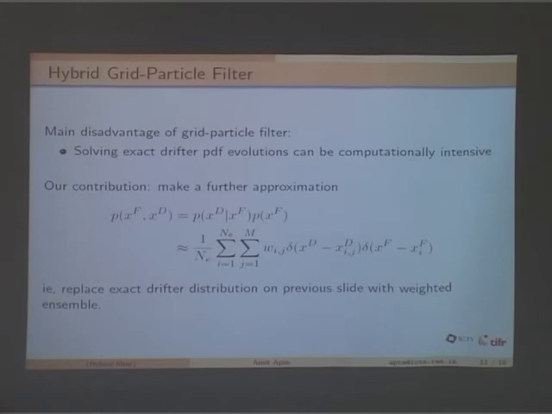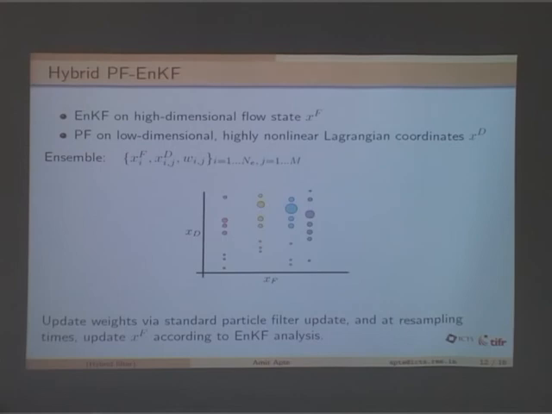What we have done is this: if you don't really want to solve a 2D or 3D advection diffusion equation for drifter particles, the further approximation would be to also approximate this conditional distribution by particles. This is the flow part and this is the drifter part. A picture will show this much better.